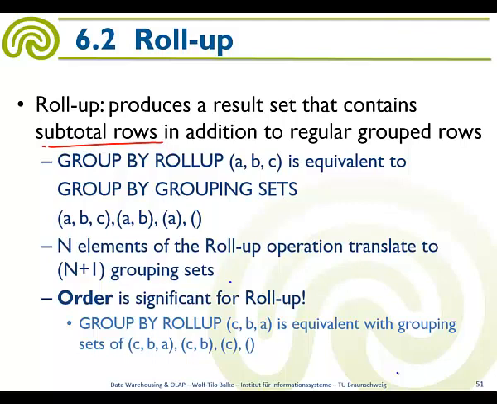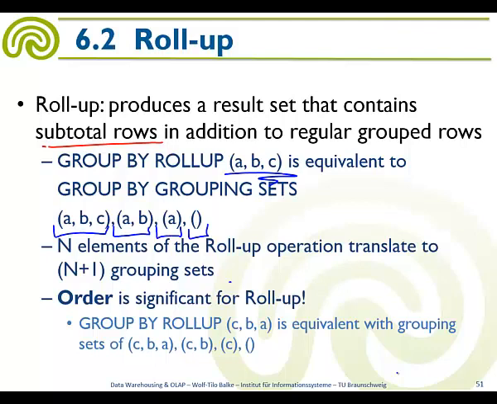So if you have a roll-up ABC, with ABC being dimensions, then basically you select the data grouped by ABC, plus you take a grouping set containing ABC, a grouping set containing AB, a grouping set containing A, and the apex grouping set, and compute the subtotals.